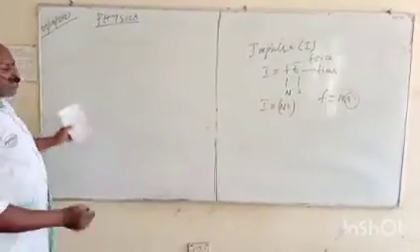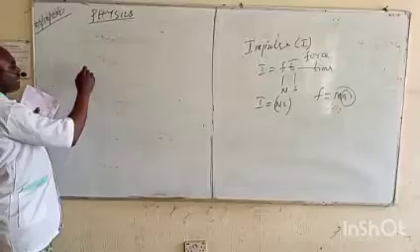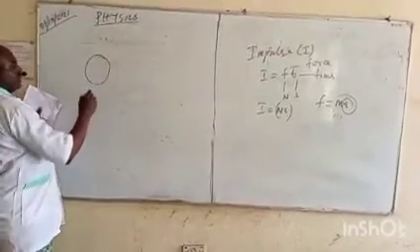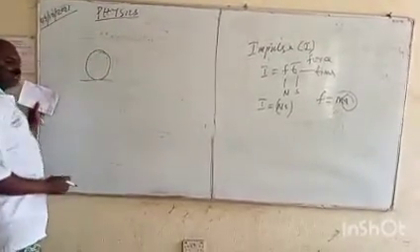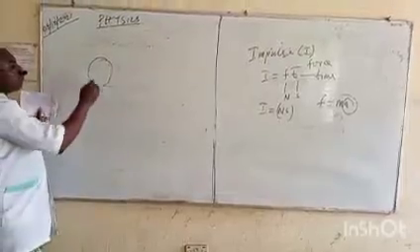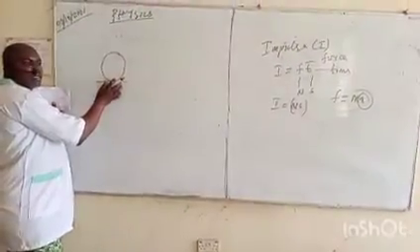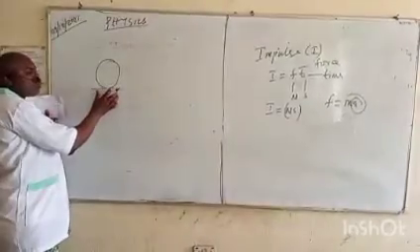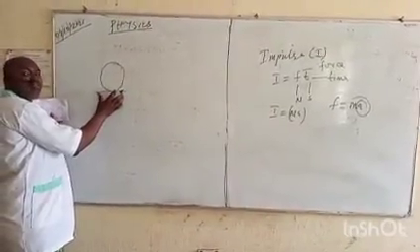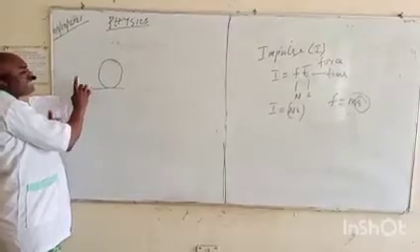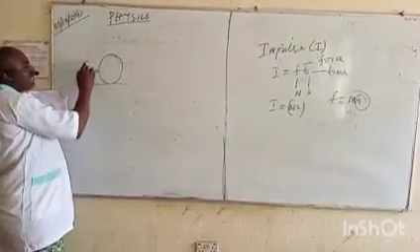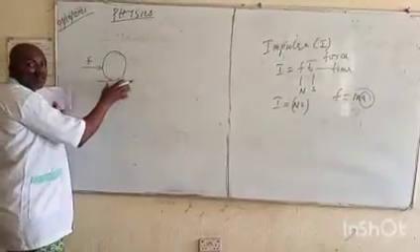We can draw an expression to explain this concept. If this is a body, a football on a straight plain field, this ball will continue to be at its state of rest. This is what Isaac Newton is saying, that this ball will continue to be at this state of rest until an external force is applied to this body.